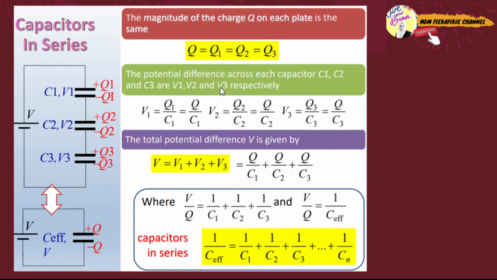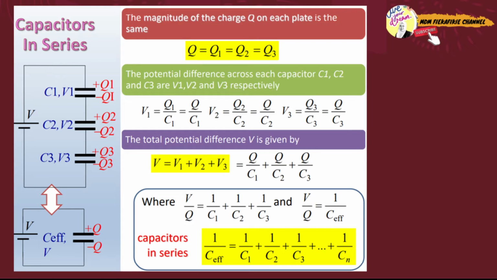For example, if the total charge is 2 microcoulomb, then for capacitors in series, the charge across Q1 should be equal to the total charge. So Q1 is 2 microcoulomb, Q2 also 2 microcoulomb, and Q3 also 2 microcoulomb.